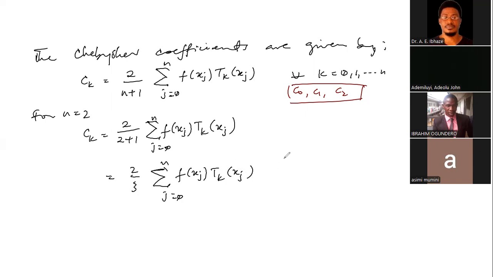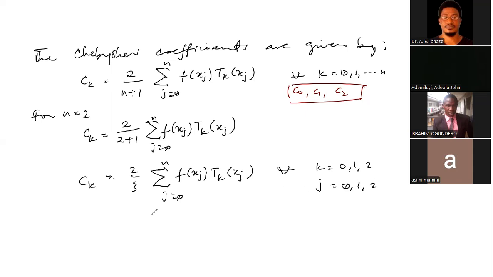Okay, and now we know that we have to evaluate these coefficients, C sub k, for k taking on values from 0, 1, 2, and j also takes on values from 0, 1, 2.